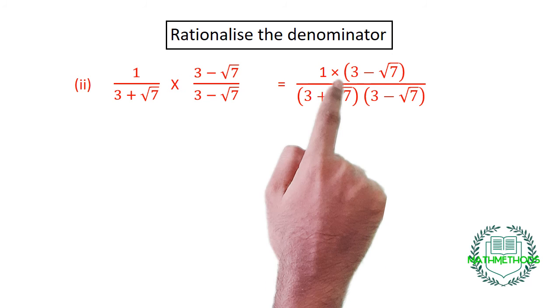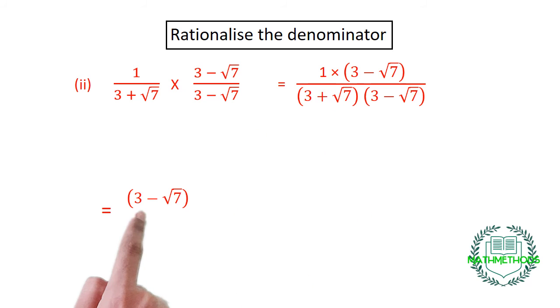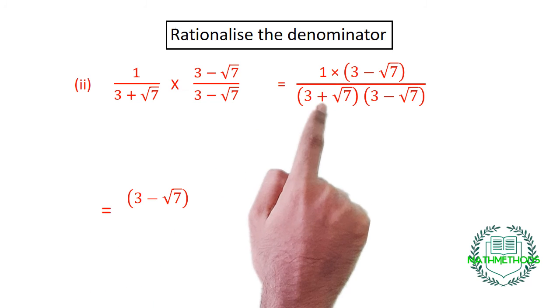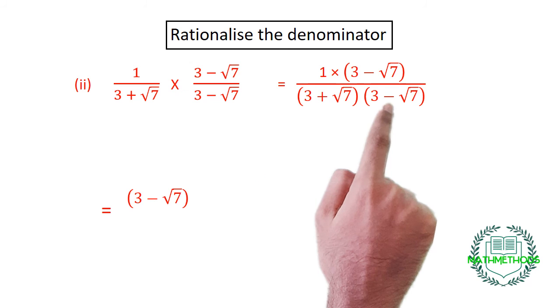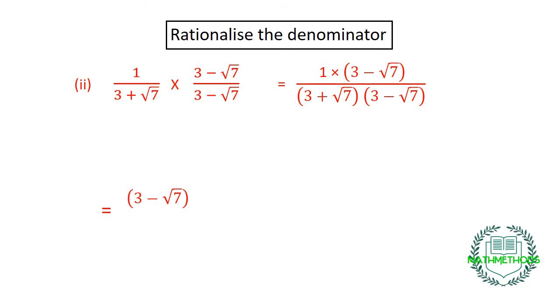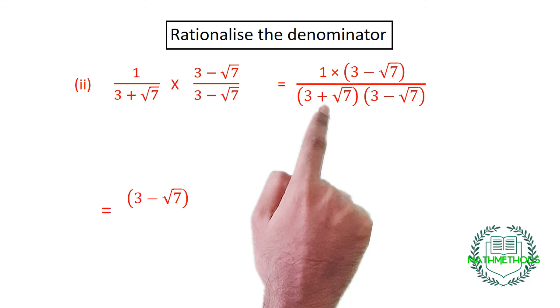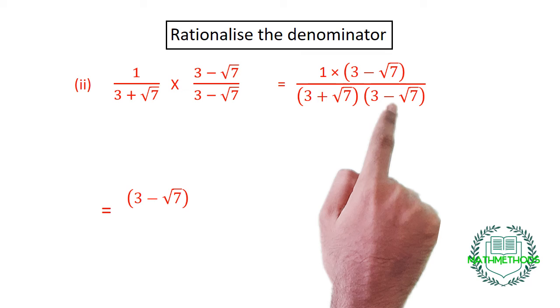1 into 3 minus root 7 equals 3 minus root 7, and in the denominator we have 3 plus root 7 into 3 minus root 7. This expression is in the form a plus b into a minus b.